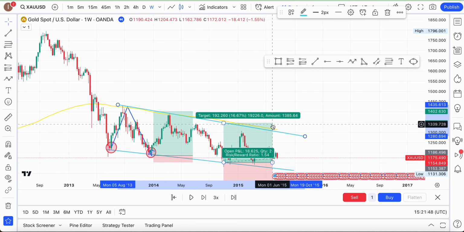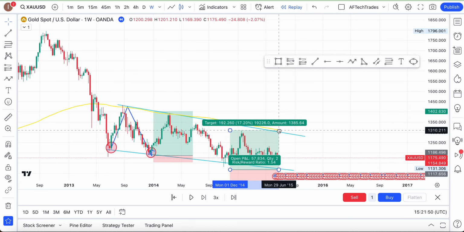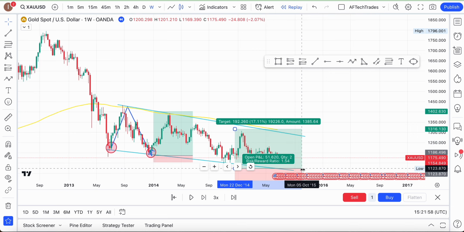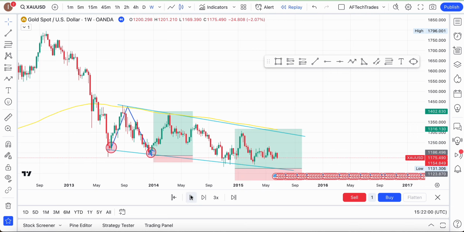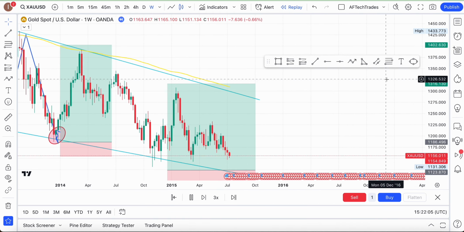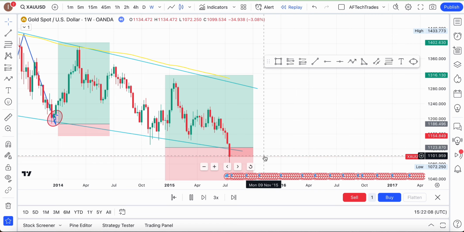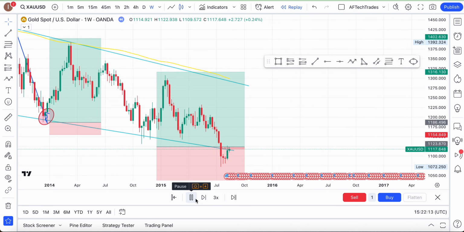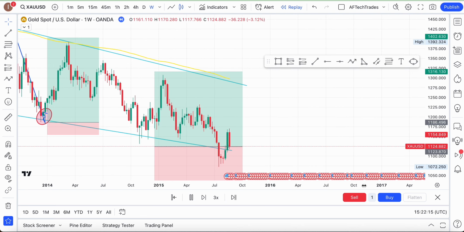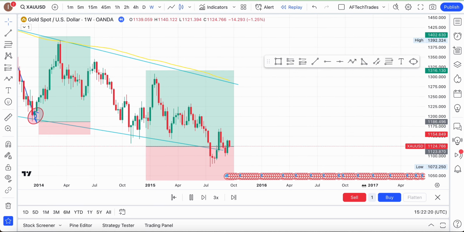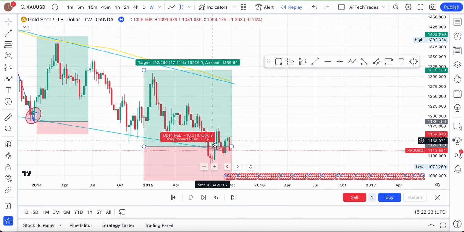Let me extend. This should be around your trend line. So you extend this one to this place. It is going against us and almost hit our stop loss, but it didn't hit it, right? It almost got to our stop loss, but it didn't hit it because it might be a fake breakout.